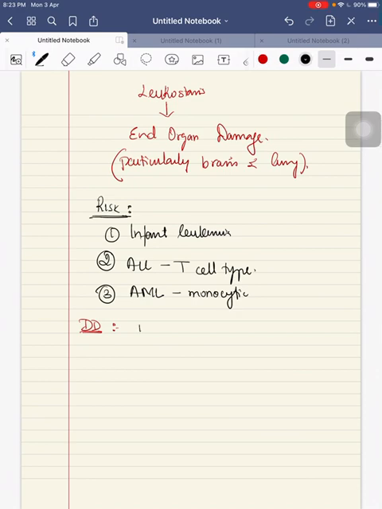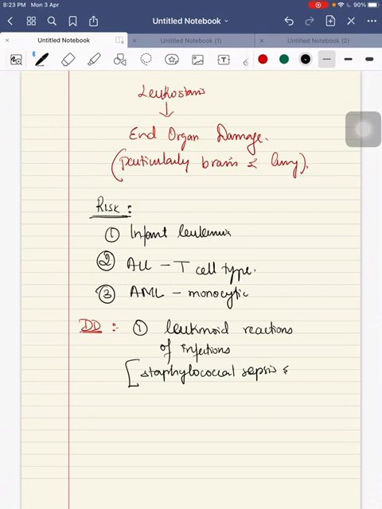These hyperleukocytosis need to be differentiated first from leukemoid reactions. These leukemoid reactions occur due to infections such as staphylococcal sepsis and pertussis.